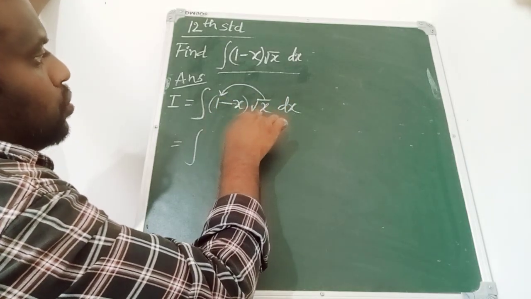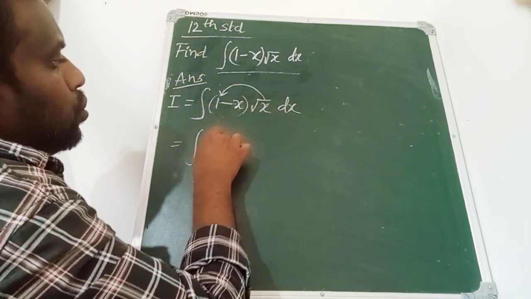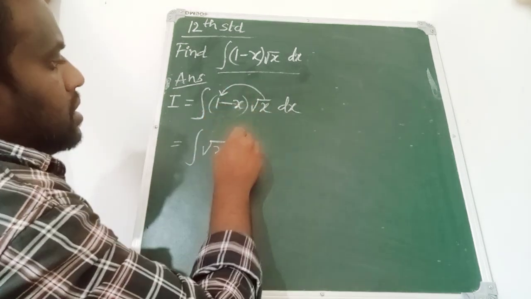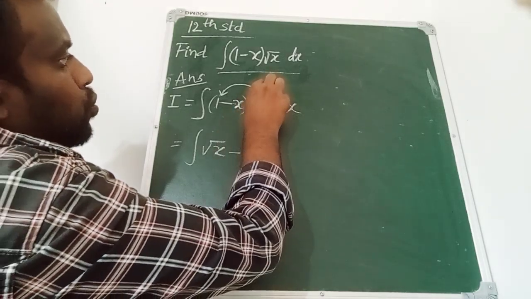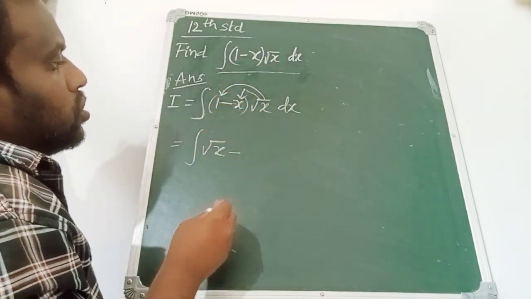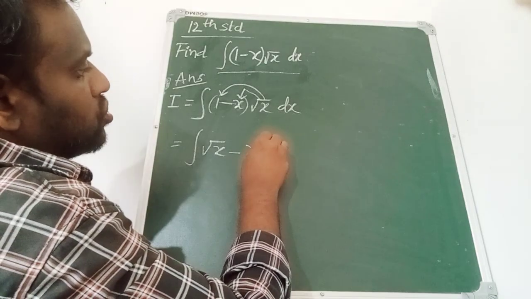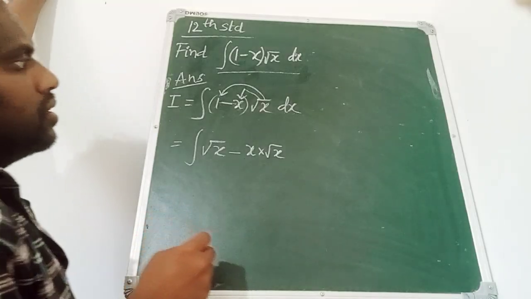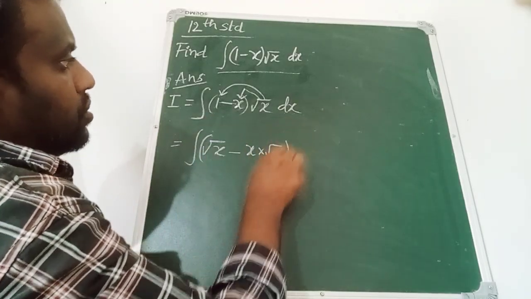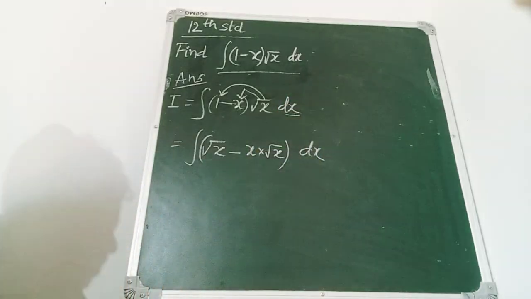First multiply root x with 1: 1 into root x, minus. Now multiply root x with x: x into root x. Now we put the bracket, then dx.